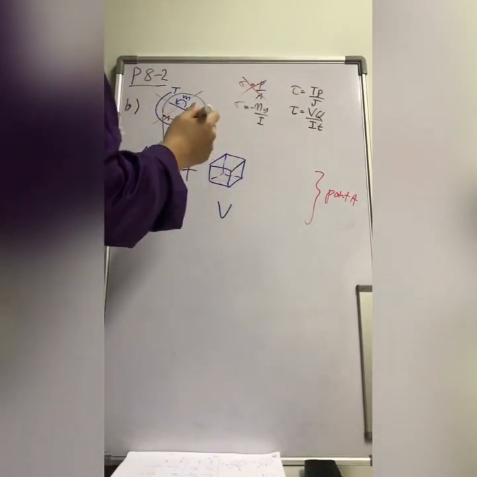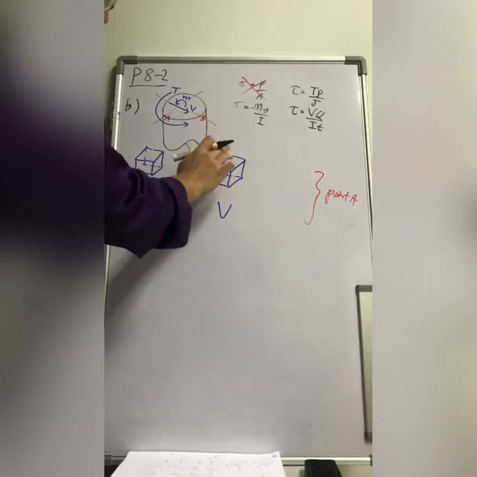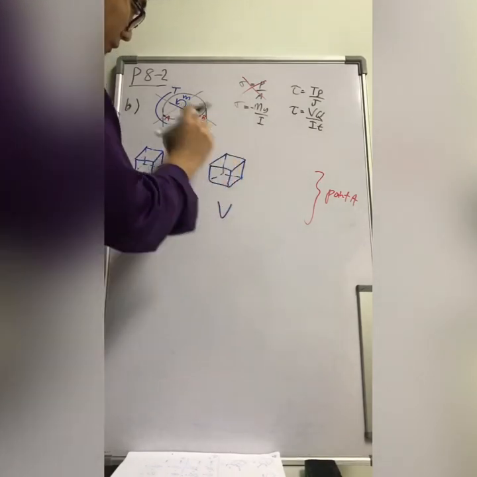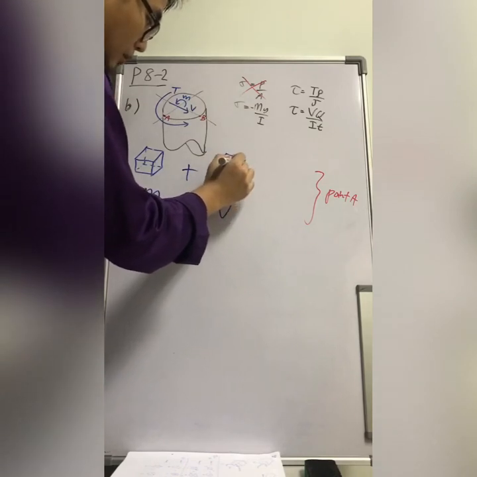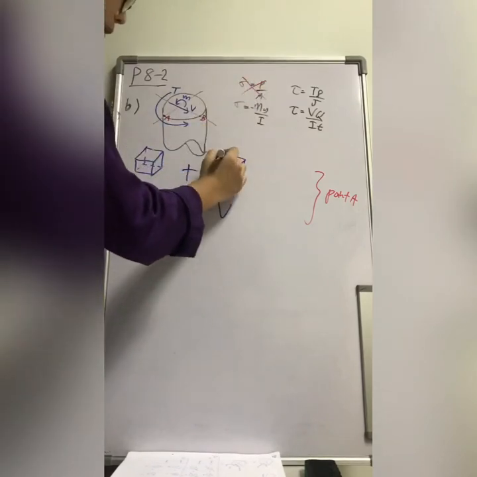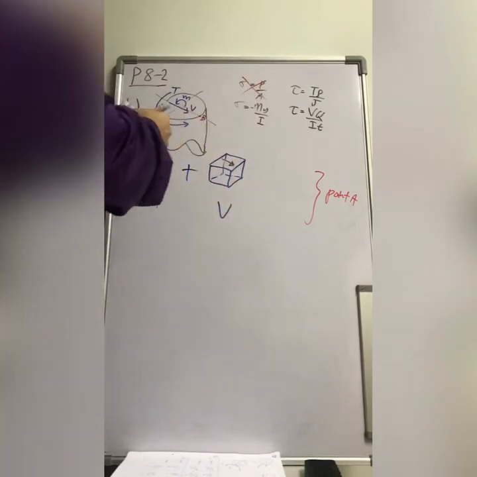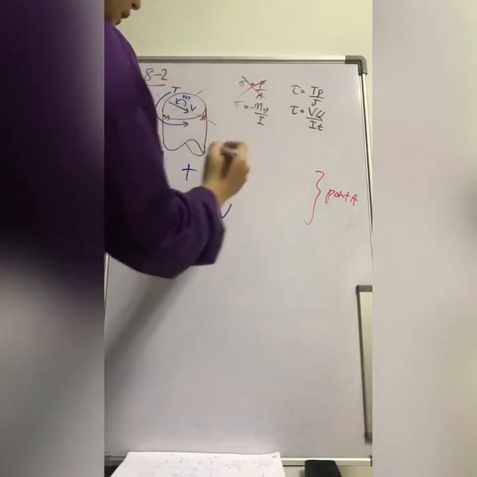So you have tau going which way? Remember, this is the surface of A. It goes along V, V goes to the right, so this one goes to the right. Is it okay? And then, of course, you draw the complementary shear stresses.